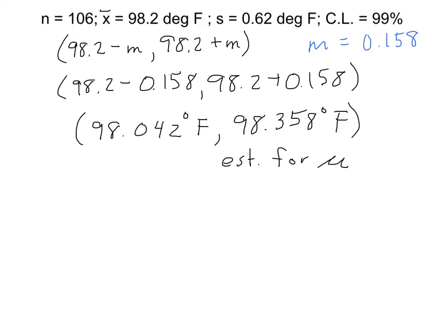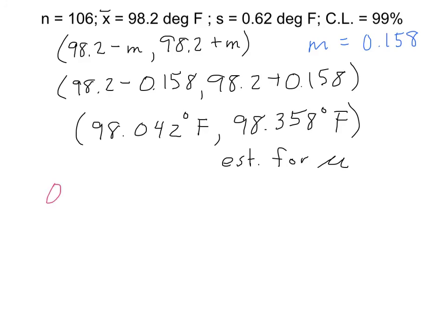So here's the cool part about confidence intervals, besides all this number crunching. The common belief is that the human body temperature is 98.6 degrees Fahrenheit.